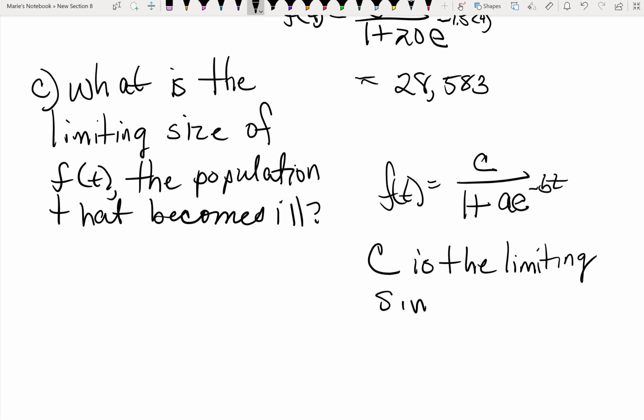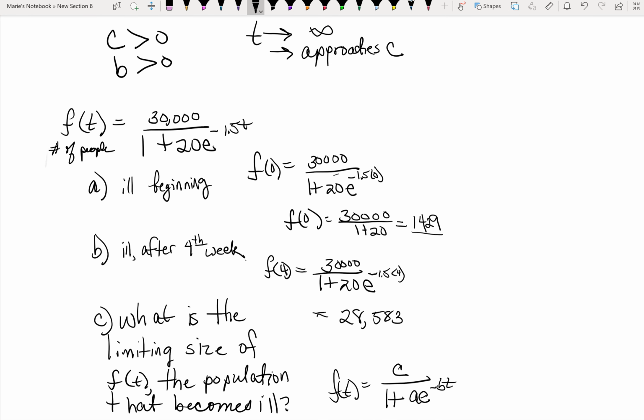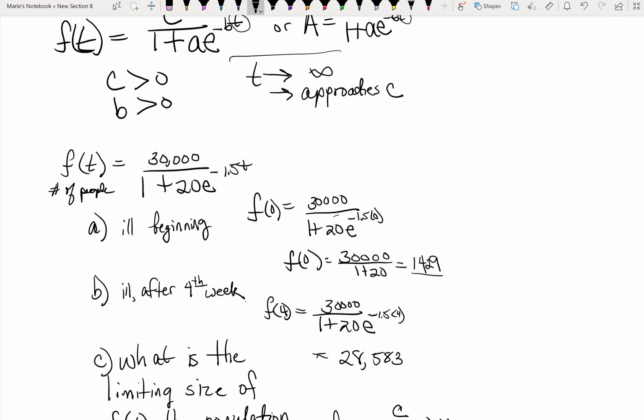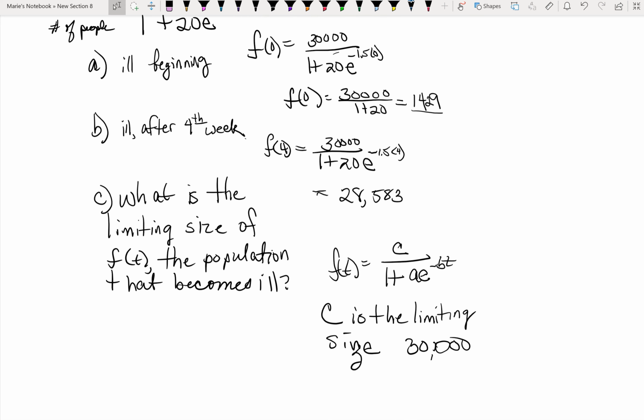In our equation, 30,000 is our limiting size. Remember what they said to you here at the beginning. As t approaches infinity, our equation approaches c, because this becomes so unbelievably tiny that c would have to become our value. All right. So that is number 4.